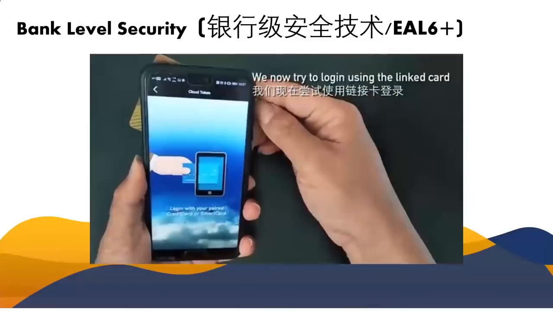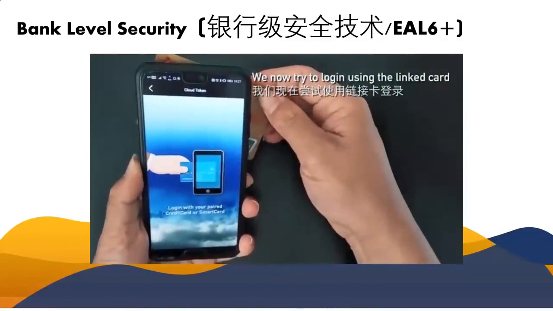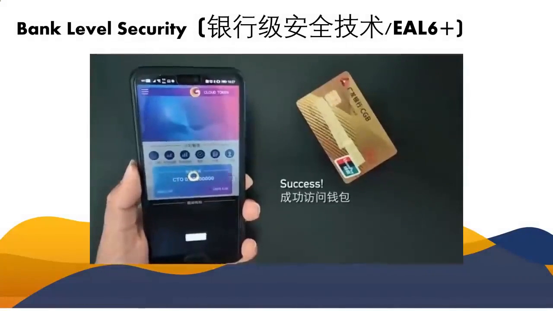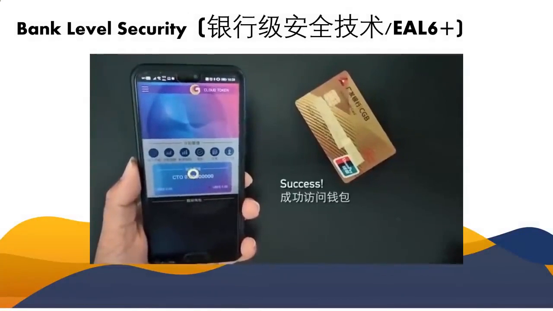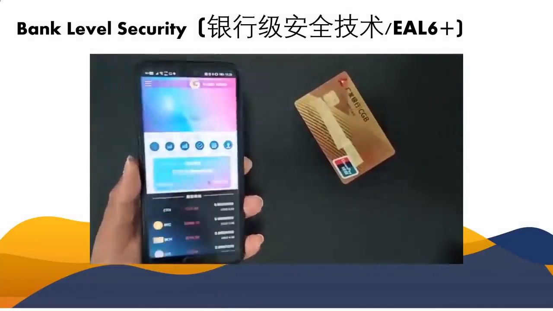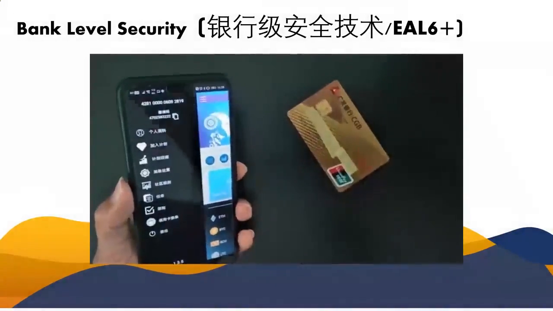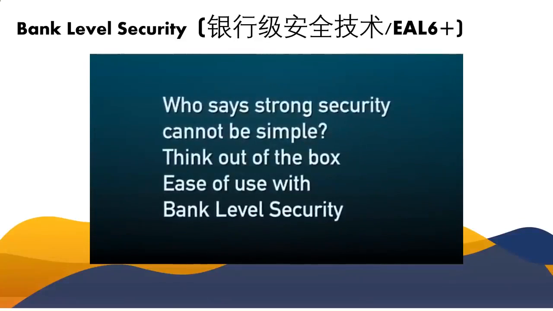And now what we're doing is we're pulling out the randomizer again. And there you go. You can just log in using your card. We will be distributing cards on May 12th.